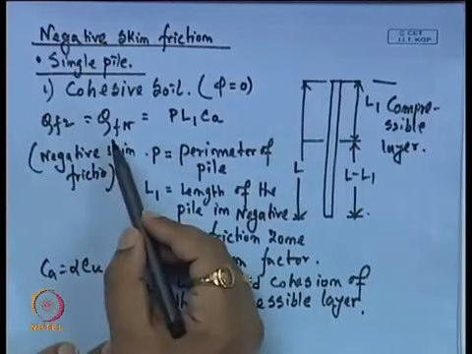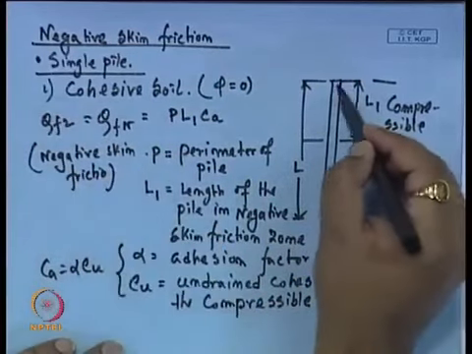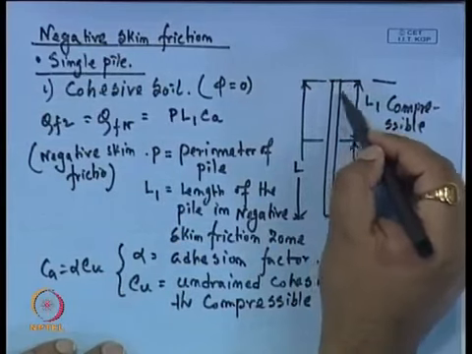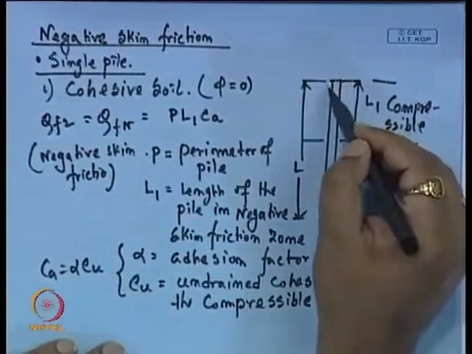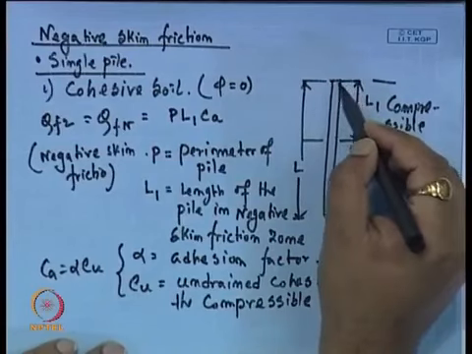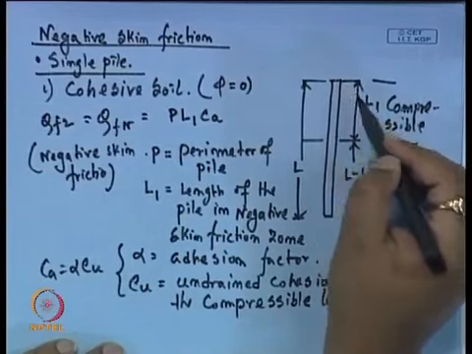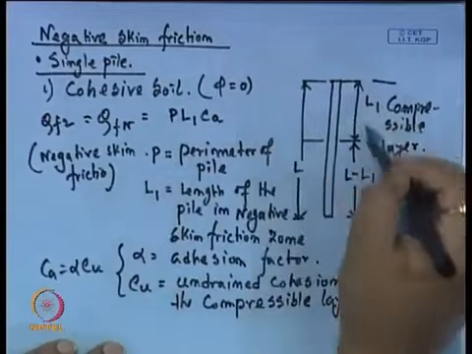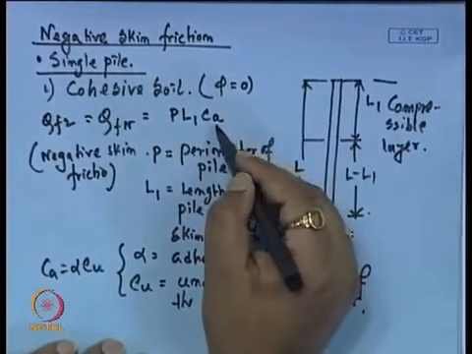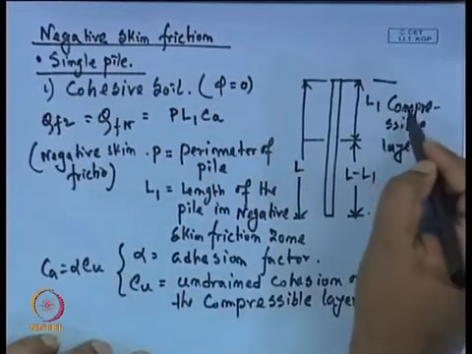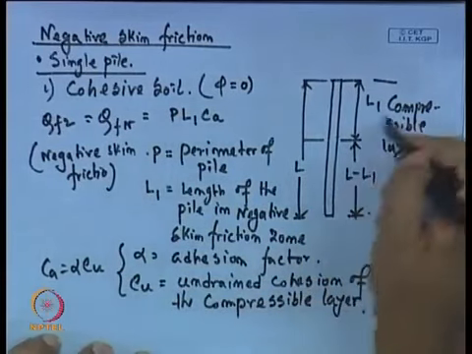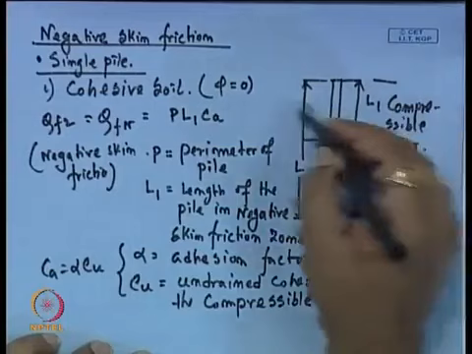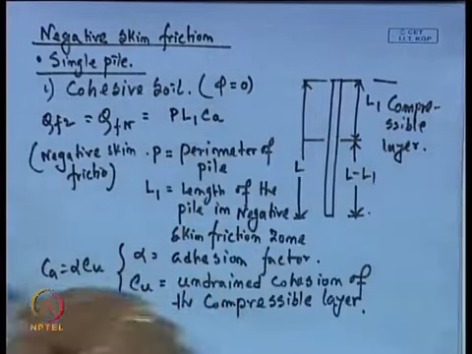This is the perimeter of the pile within this compressible layer, L 1 is the length, C A is the adhesion for this layer, alpha is the adhesion factor, and C u is the undrained cohesion of this compressible layer. That friction resistance we are getting is the negative skin friction.